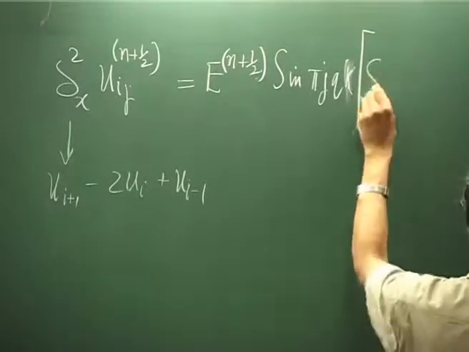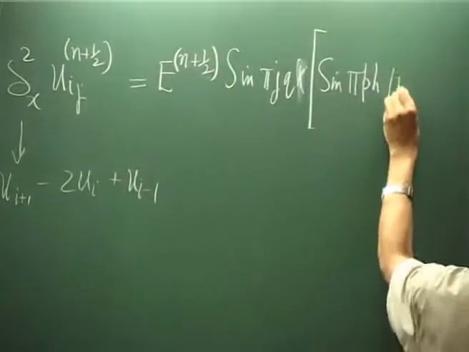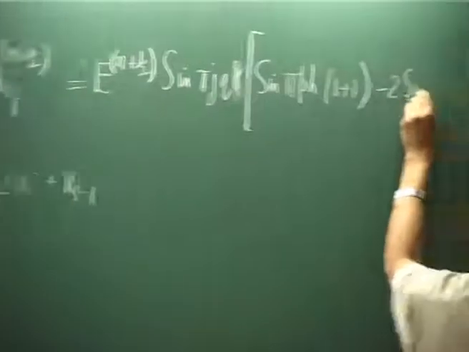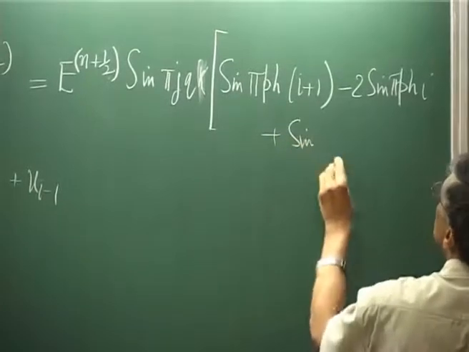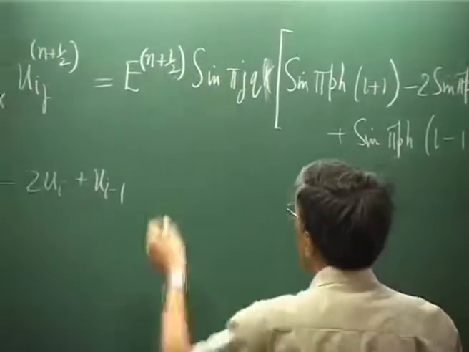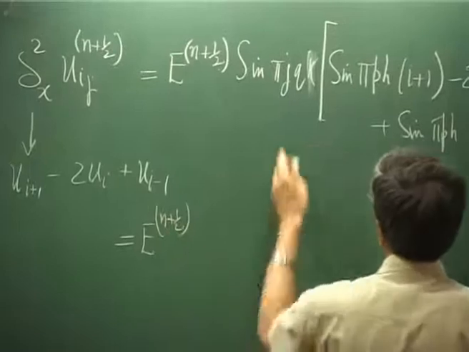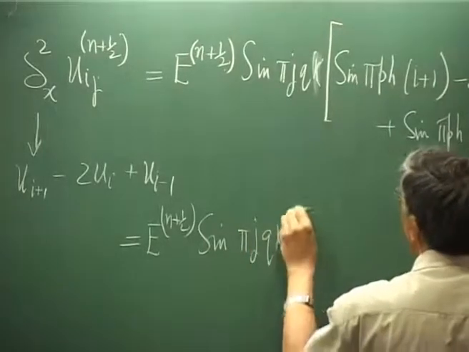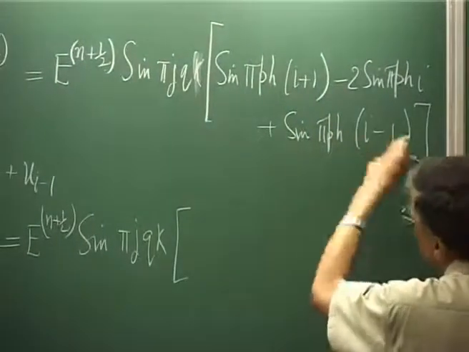So, what happens then, this would become n plus half, and this we keep as it is, sin of j q k, and this 2, if I add it up, I will get 2 sin pi phi into cos.